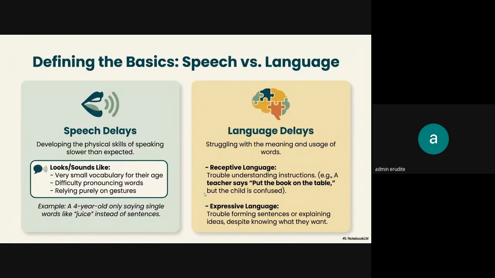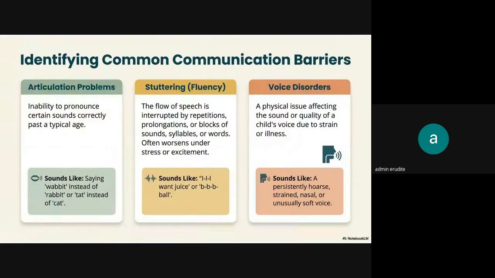All right, can you see it now? Not yet. Can you see it now? Yes, I can see it now. Oh, okay. No problem. Thank you.